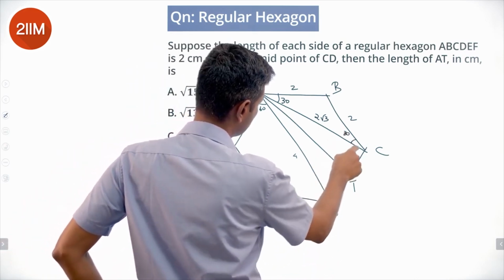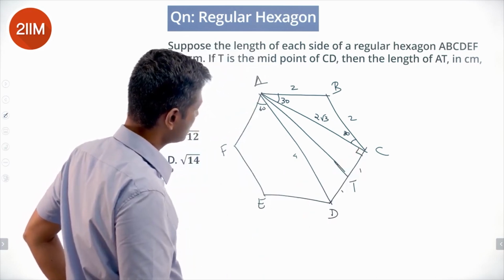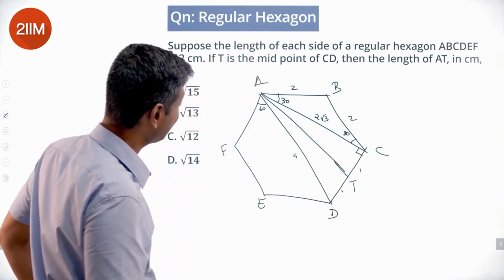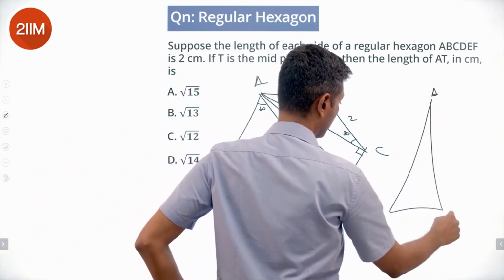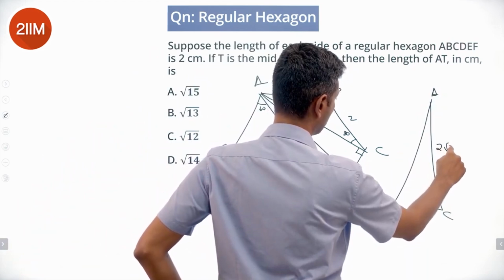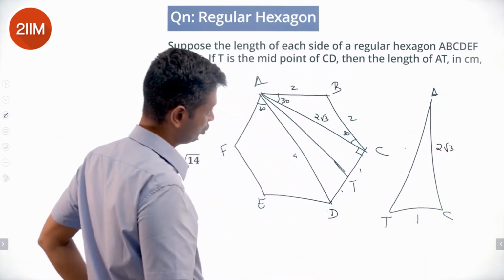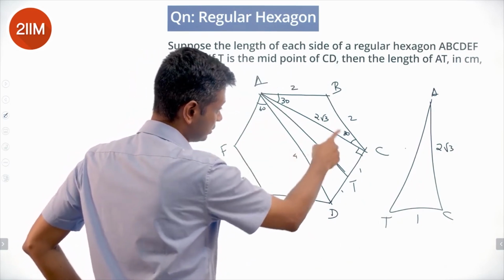So this angle is 90. 2 root 3 and 1. So ACT is a right angle triangle. This is 1. This is 2 root 3. AT perhaps we can find because it's 120 degrees the internal angle. This is 30, 30, 120, 30, 90.